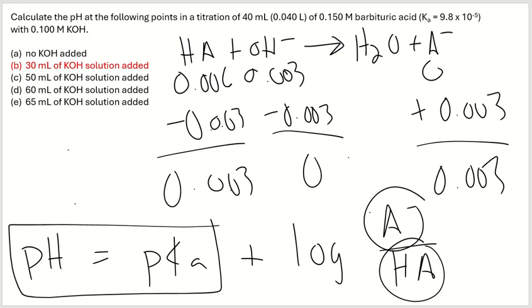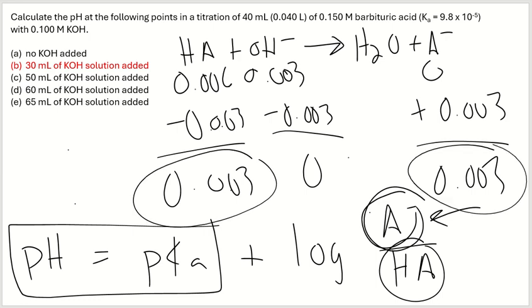Now, keep in mind, these technically are supposed to be concentration values, but we don't have to convert our moles back to concentration because they're in the same solution. So I would just divide them by the same number, and that number will get removed when we make our ratio anyway.